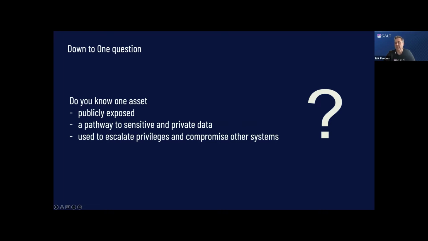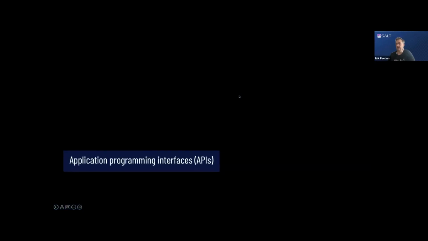If you have any idea what that could be, you could actually put that in the chat window. No responses, no guesses. Well, very obviously, it's the topic of today. It is the application programming interface, the APIs.